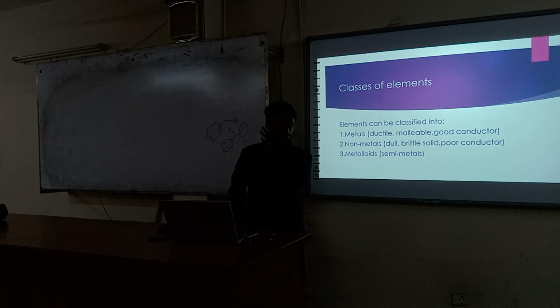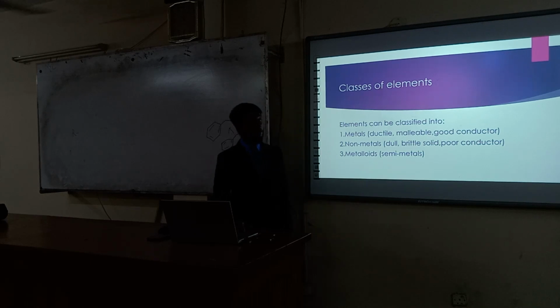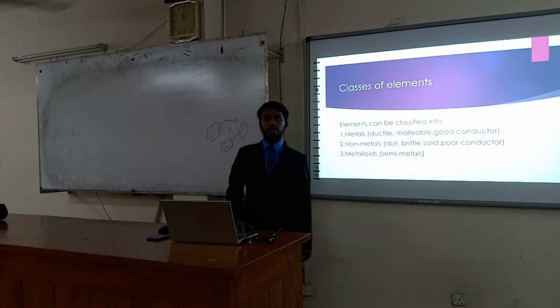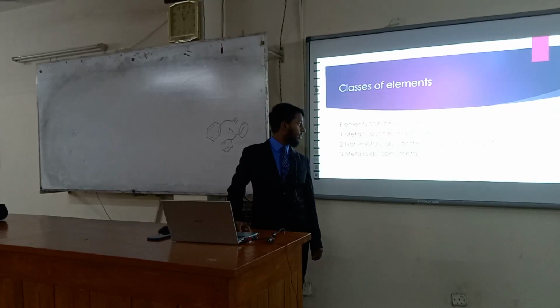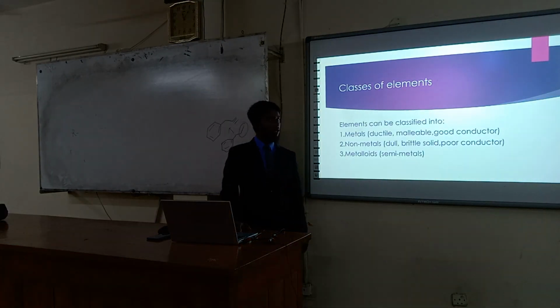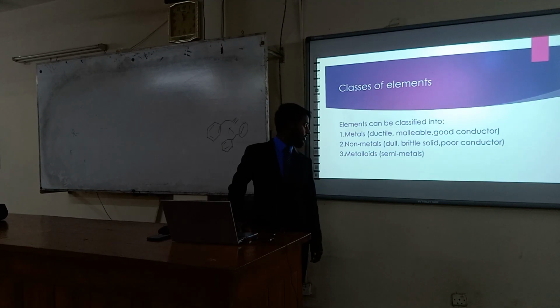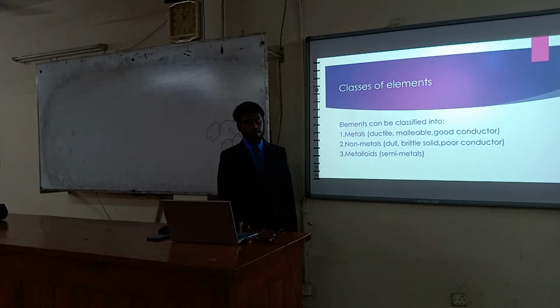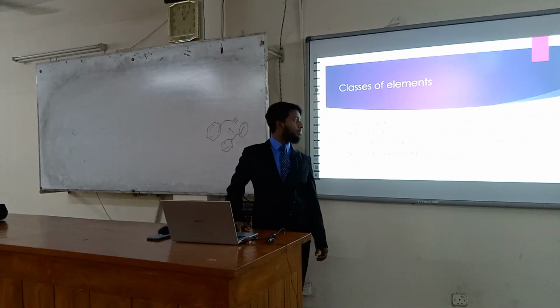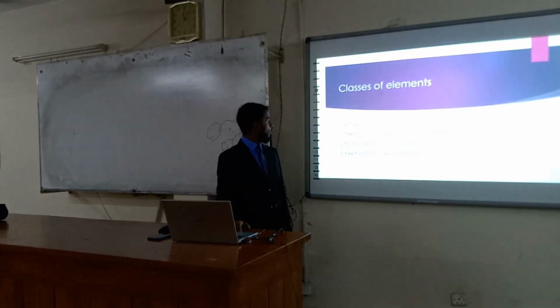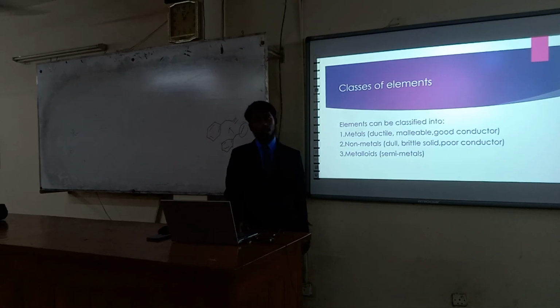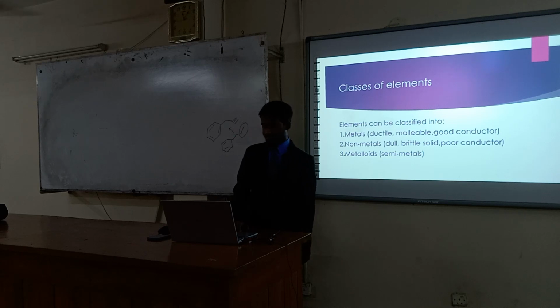Metals are ductile and malleable and good conductors of heat and electricity. Non-metals are dull, brittle solids, and poor conductors of heat and electricity. And metalloids have the properties of both metals and non-metals, so they are known as semi-metals.